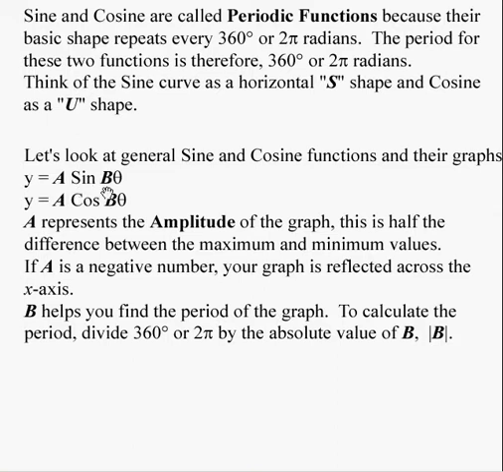And then we have another number called b, which we're multiplying by our angle theta. A represents the amplitude of our graph, which is the distance from the x-axis to the highest point on the graph, and likewise the distance from the x-axis to the lowest point on the graph. B is going to affect not the height of the graph, but how long it takes to repeat its periodic shape, so it's going to affect the period.